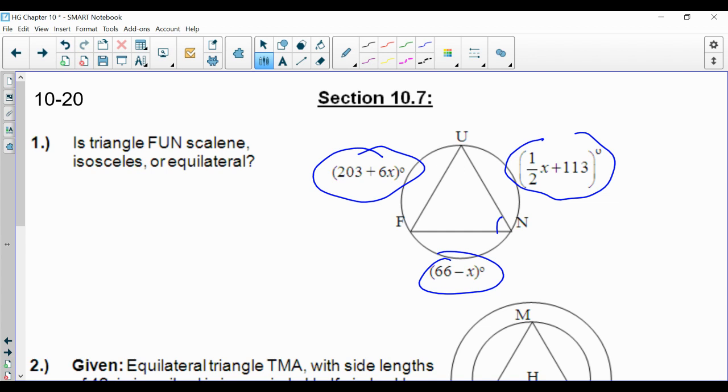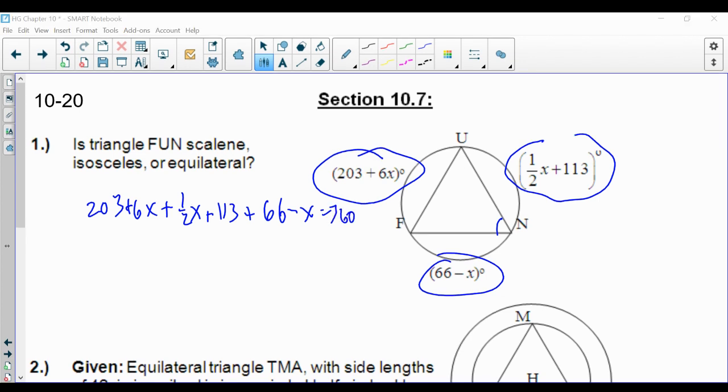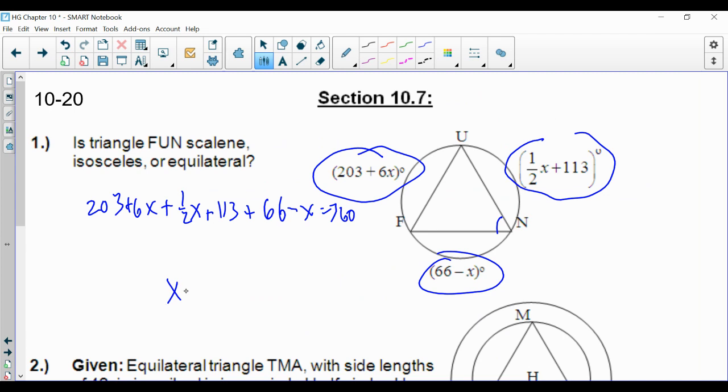Okay, so now to figure out what the angle is, well, we know a full circle is 360 degrees. So we can just say, let's add up all the arcs and set it equal to 360. Okay, and at this point, you would go and solve this for x. So you eventually get x equals -4.